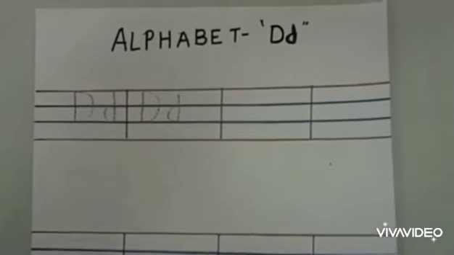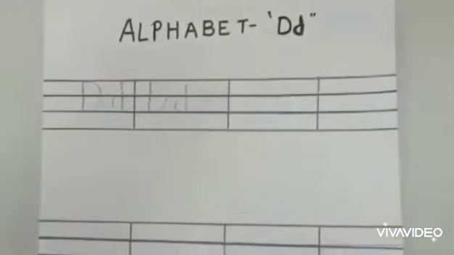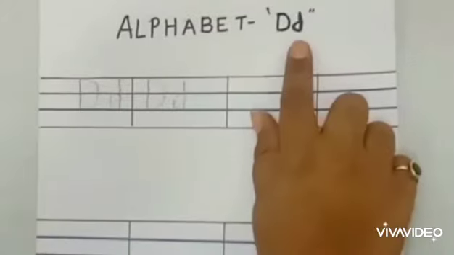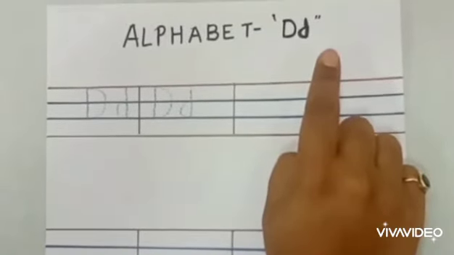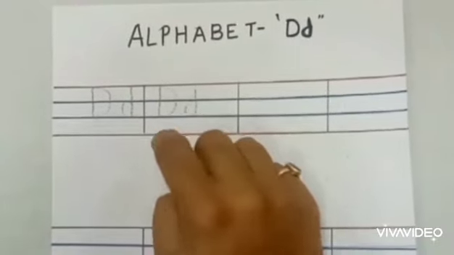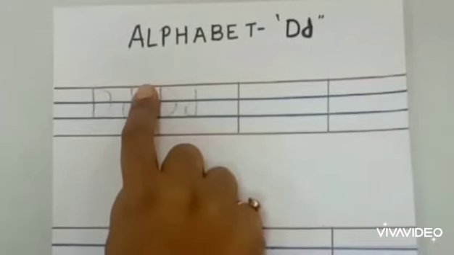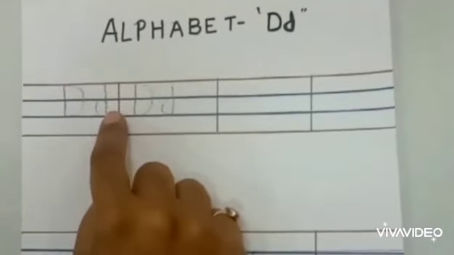Kids, now let's write alphabet D. We write alphabet D in English. We have to write in the first 3 lines: red line, first blue line and second blue line.